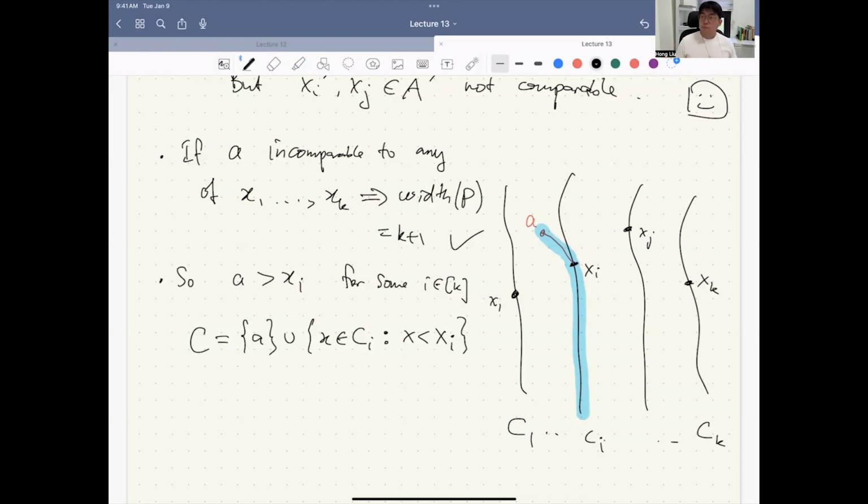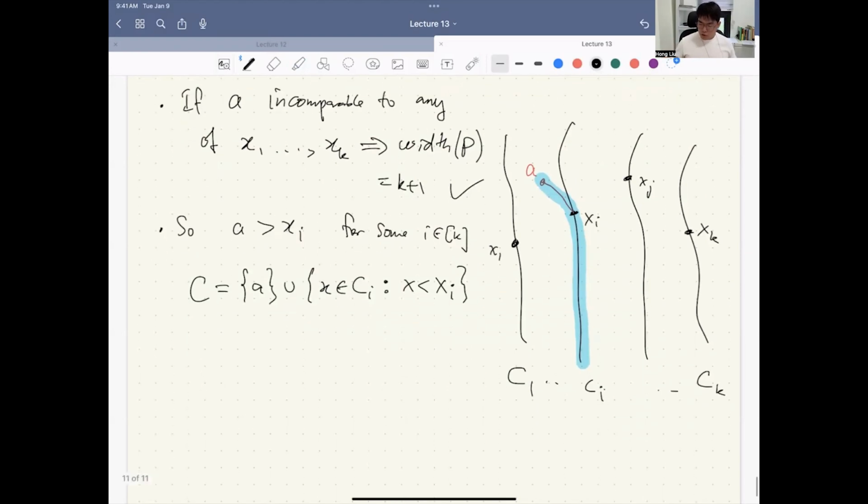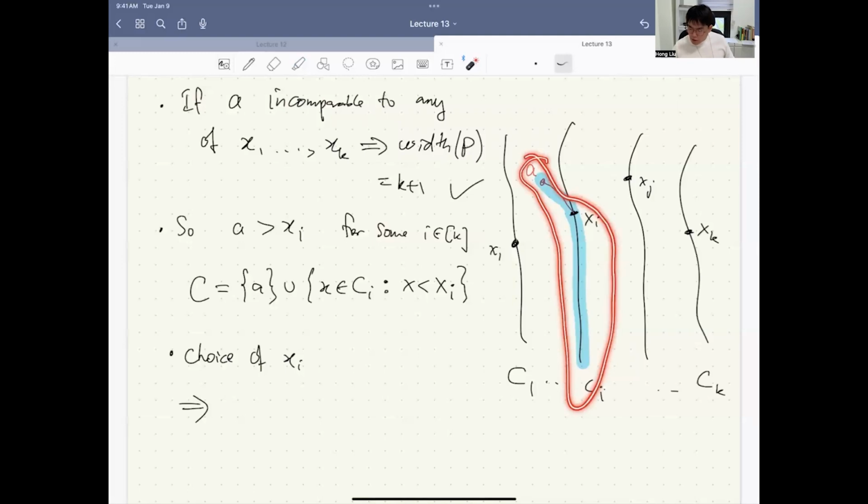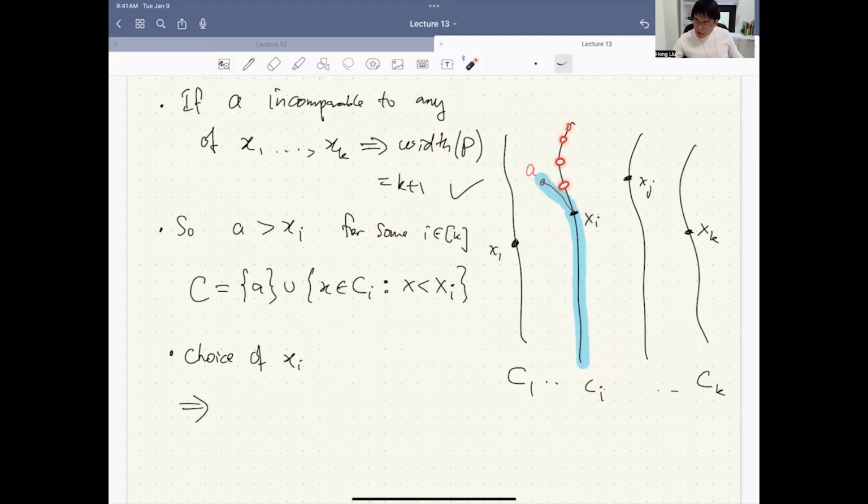Now, one crucial thing we need to observe is that the choice of xi implies what? Xi is the highest possible element we can choose in Ci where a size k anti-chain can intersect Ci. That means if you remove this chain C, no elements above xi can appear in a size k anti-chain.